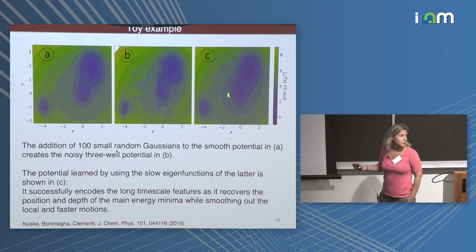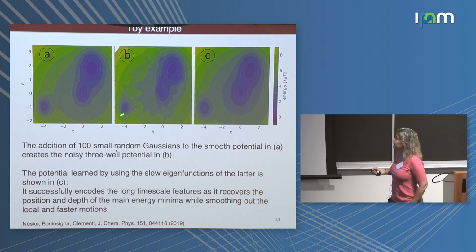This is how it works for a toy model. We consider this three well potential. We perturb it with noise. So this is the original system. This is perturbed. And here, if we do spectral matching, we expect to recover only the slow modes.